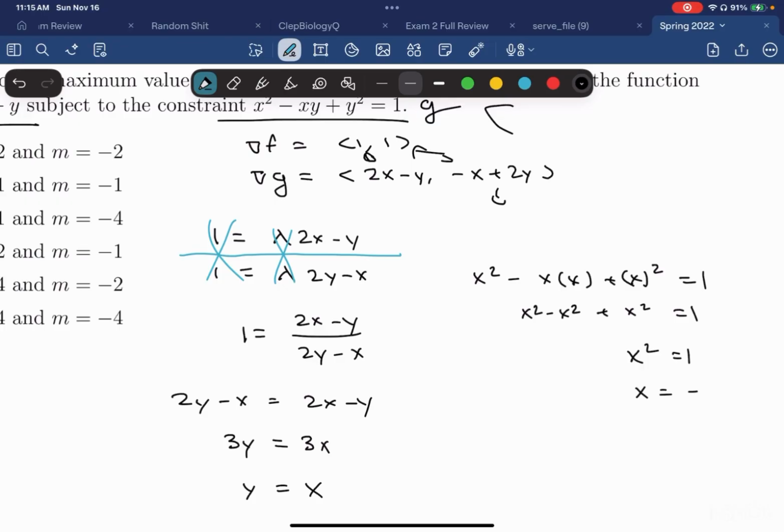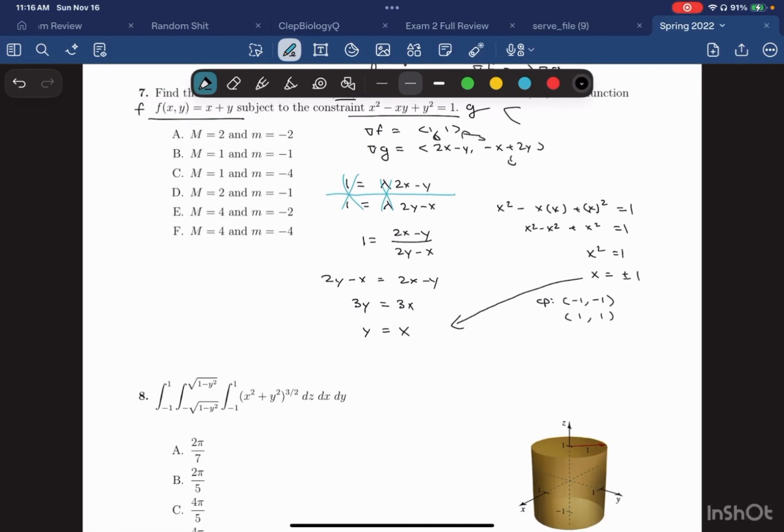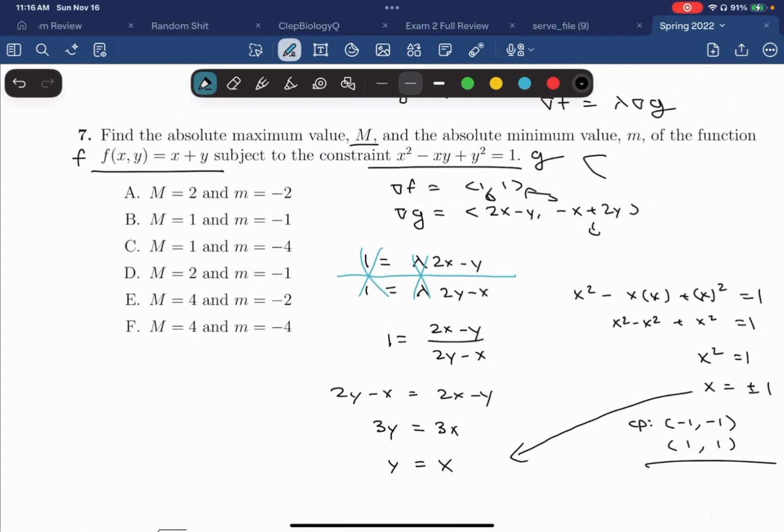So x is equal to plus or minus 1, and y is equal to x. We now know that our critical points will be at (-1, -1), because x is equal to -1, so y is equal to -1. And when x is equal to 1, y will be equal to 1. So now we take these two critical points and put them back into our function.